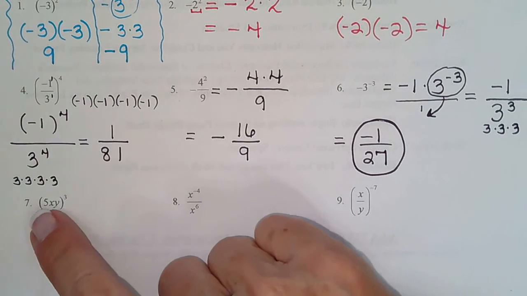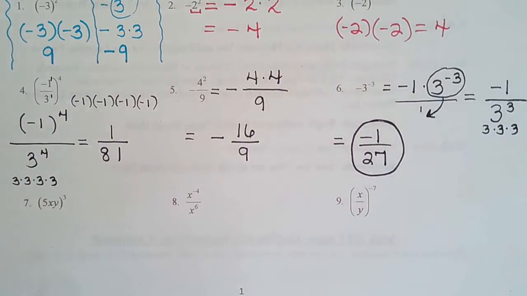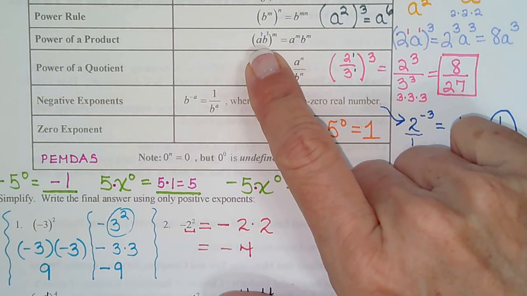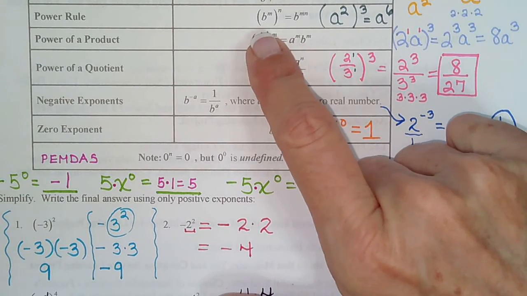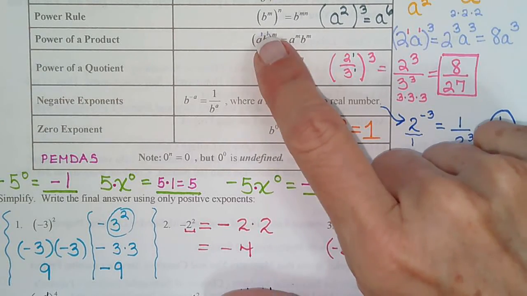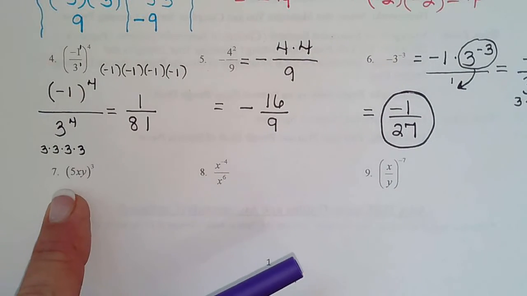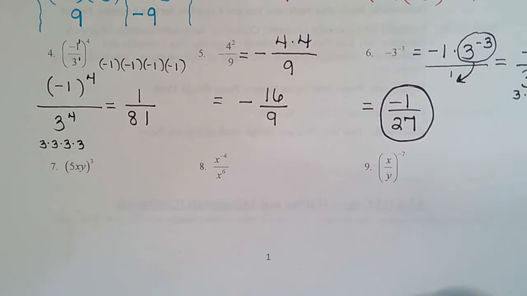And then here we have the product rule, which is up here, which is the power of a product. So you take the exponent and distribute it to everything inside. So this 3 goes with the 5, it goes with the x, and it goes with the y.